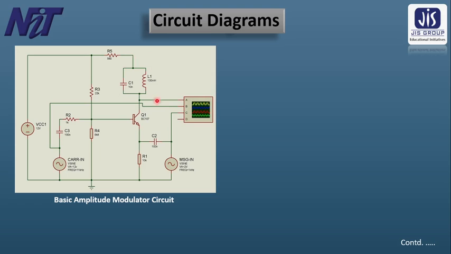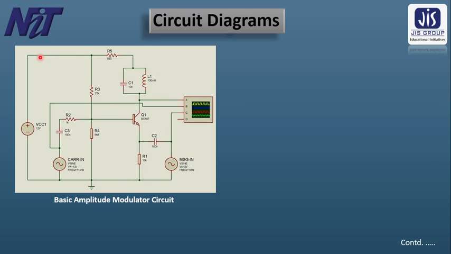And here this LC circuit we have used to isolate the high frequency component, or modulation component, from the general DC source, because after feeding the carrier at the base and message at the emitter, it will make the product of the two signals and get outputted from the collector. So we need an isolation mechanism at the collector.